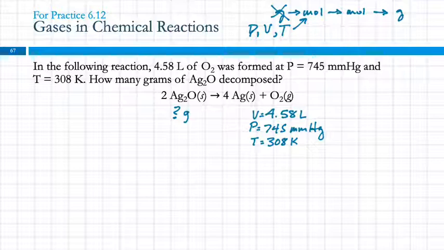So first off, I'm going to use the ideal gas law and calculate moles of oxygen. So that's pressure times volume over R times temperature. So the pressure was given in millimeters of mercury. Of course it was.